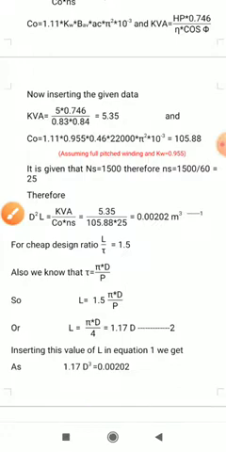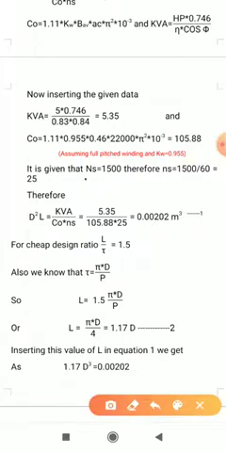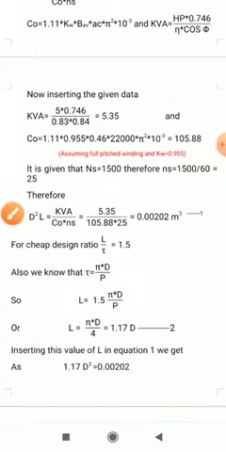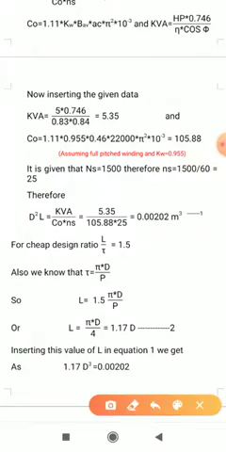As the synchronous speed is 1500 rpm, in rps it will be 1500 by 60, so you will get 25 rps. Putting these values in the expression of D square L, D square L becomes 5.35, that is kVA, divided by 105.88, that is CO, and 25, that is NS. After calculation you will get 0.00202.